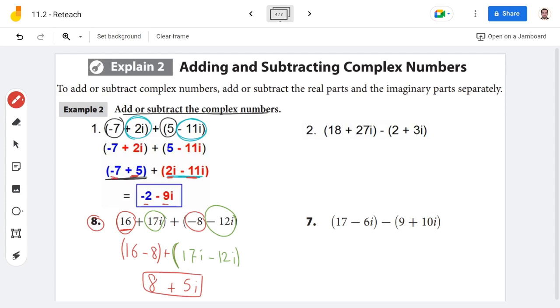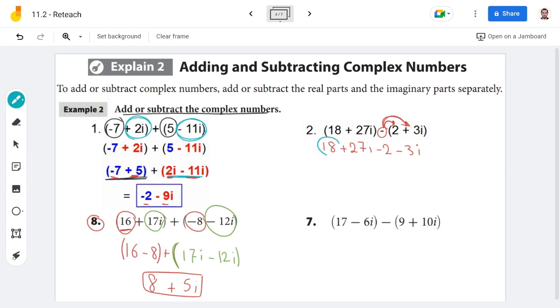Let's do the same thing here. So first, we distribute the negative on 2 and on 3. So let's rewrite the question. 18 plus 27i, minus times 2, which is equal to minus 2, minus times positive 3i, minus 3i. Now let's add the like terms.